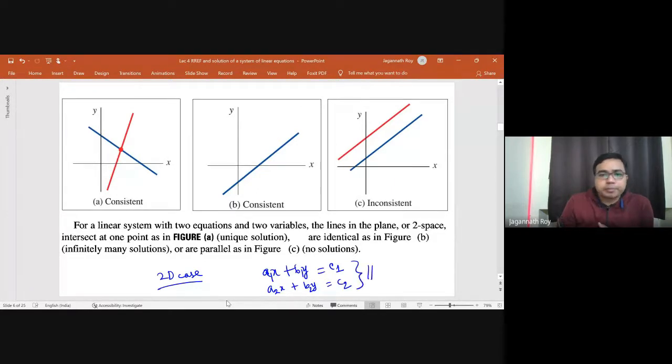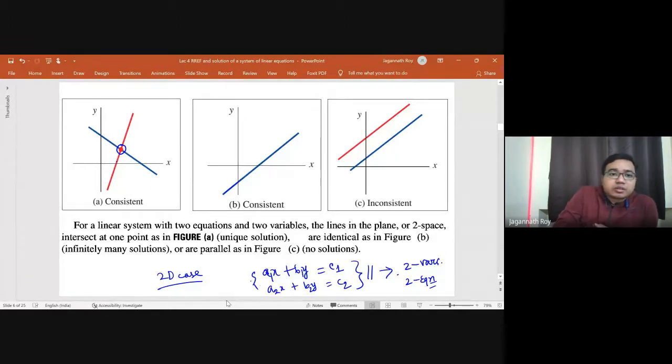If we have two variables and two equations, then a solution of this system means they will have a common point, or these two lines are overlapping.